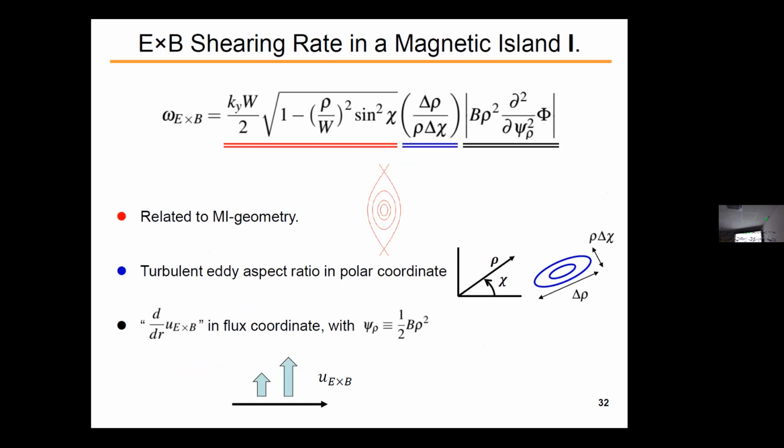So basically, you call it the aspect ratio of the eddy. And the third part is the most obvious one. This is the slab version of just E cross B shear. Okay, so without going through geometric details or eddy shape, one usually thinks about the E cross B shearing rate as this.